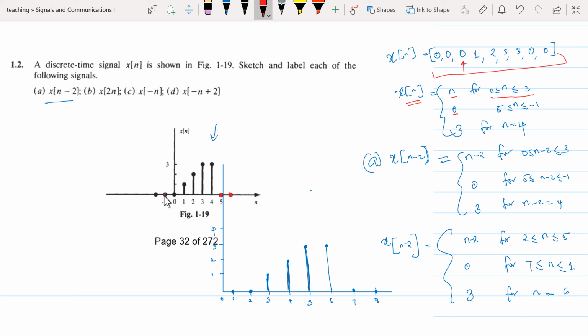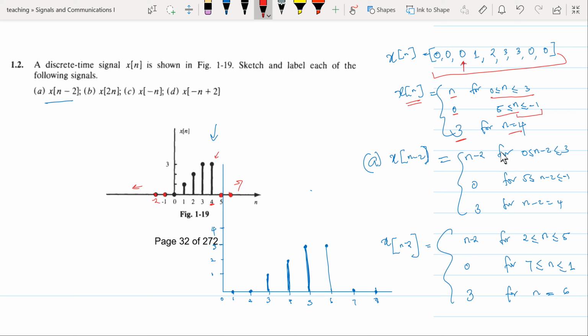And for -1 and -2, I am assuming it is going like that. On the negative side, when n is less than or equal to -1, again our function goes to 0. Lastly, I have defined that x of n is equal to 3 when n is equal to 4.